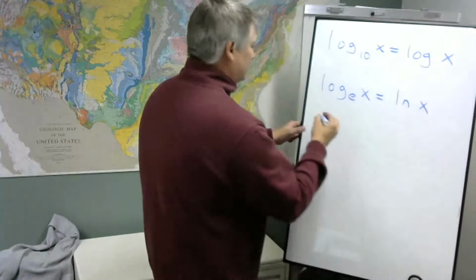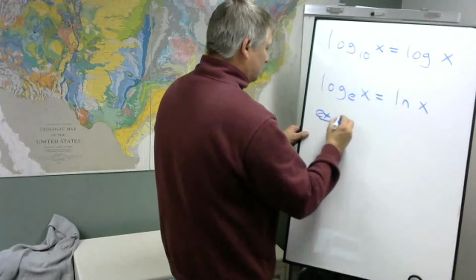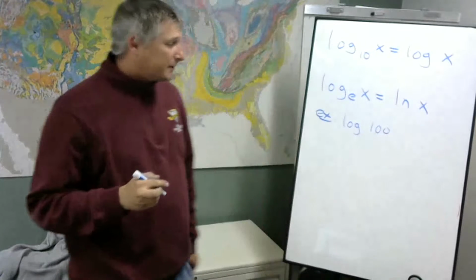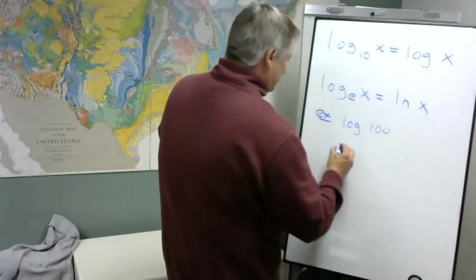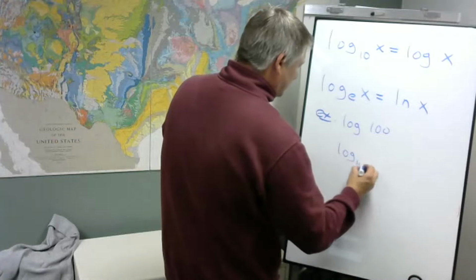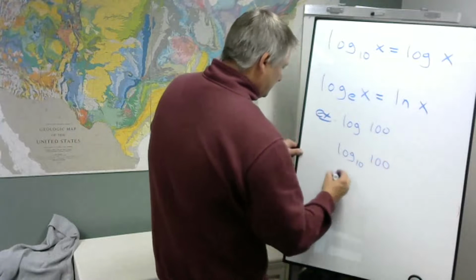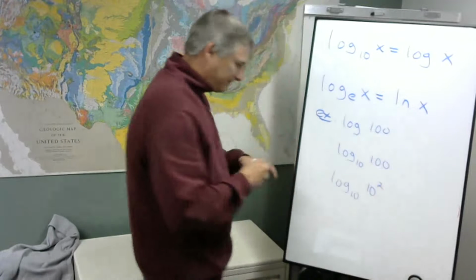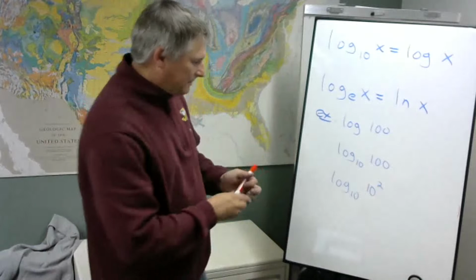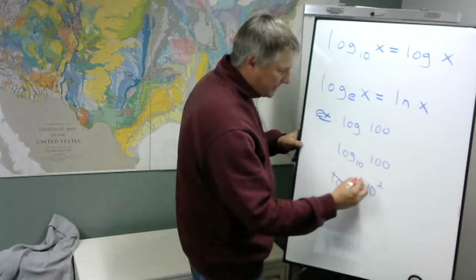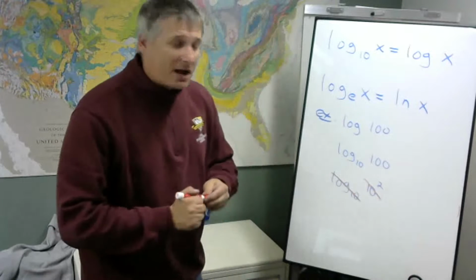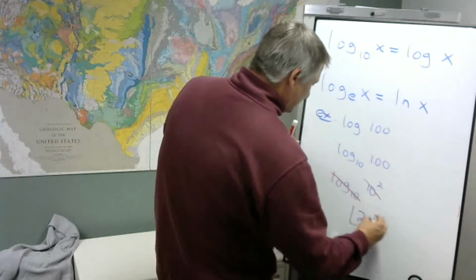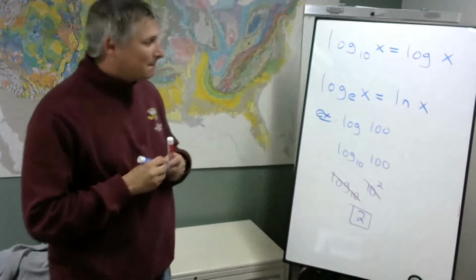If you see, for example, log base 10, and again, this is the log on the scientific calculator, we can think of this as log base 10 of 100, or log base 10 of 10 squared. The log and the exponential base cancel out. They're inverses. And that leaves just 2. There we go.